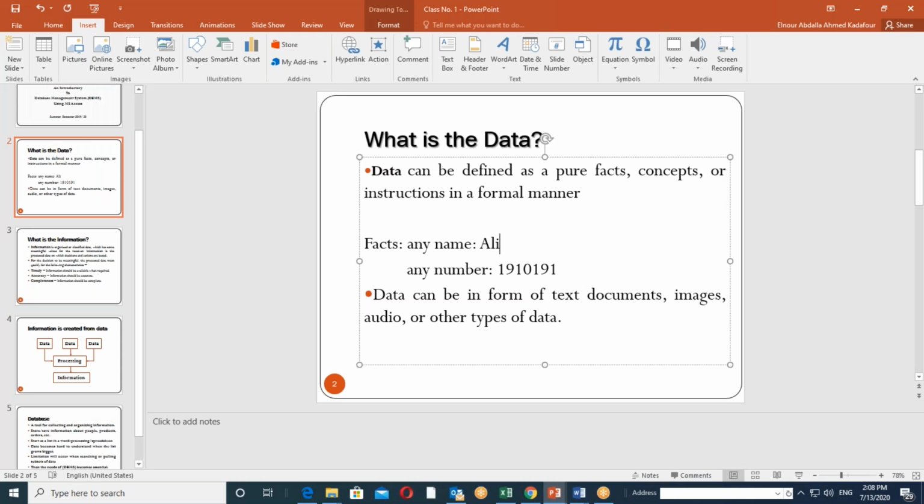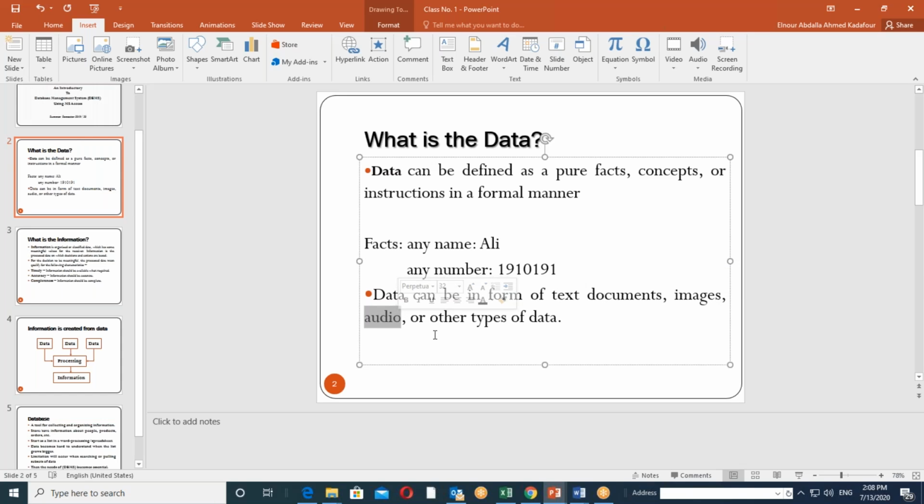Now, let us come to the representation of data. Data can be in the form of a text document. So it is not a full meaning, it is just data. It can be an image. Whom does it belong to? We cannot guess again, unless we have a clear idea. And audio: who is the talker, who is the presenter, who is the owner of this audio?